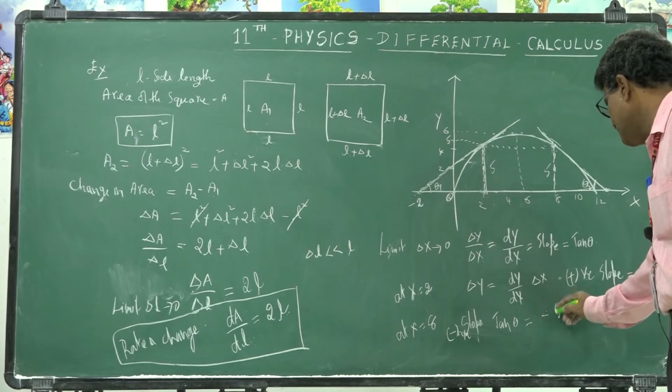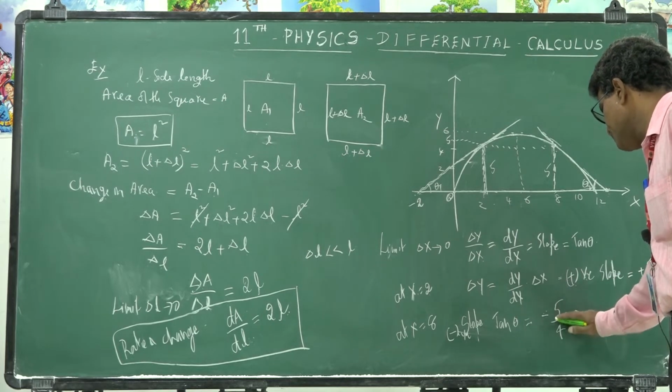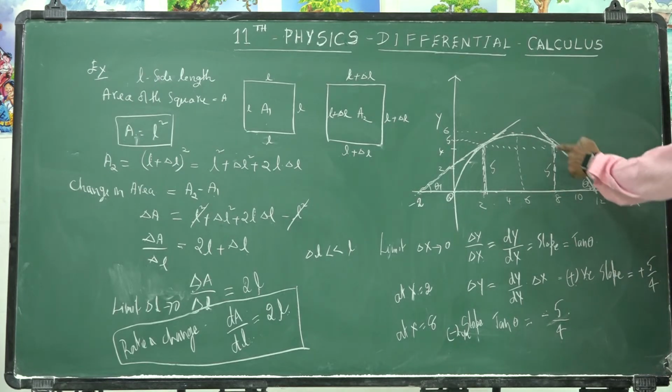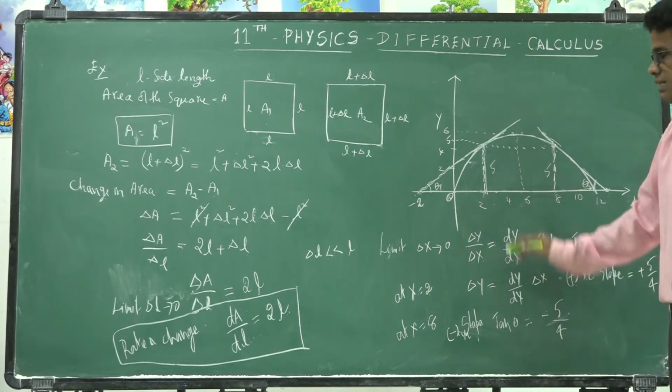So you get minus 5 by 4. So here the slope becomes negative. That means here, as x increases, the y value starts decreasing. That is the meaning in this graph.